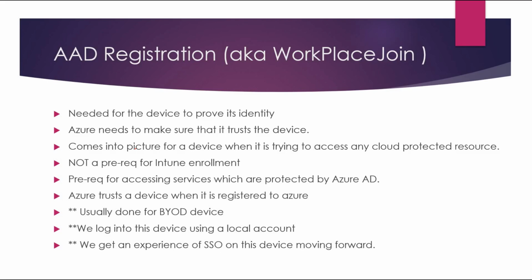But what about the device? Azure doesn't know what this device is, where this device is. If it's a BYOD kind of a device, Azure has no idea if you're trying to access that resource for the very first time. So the user has proven his identity, but the device is unknown.